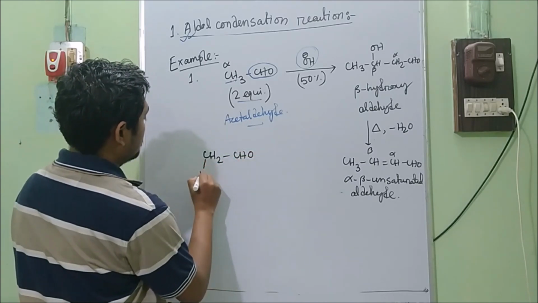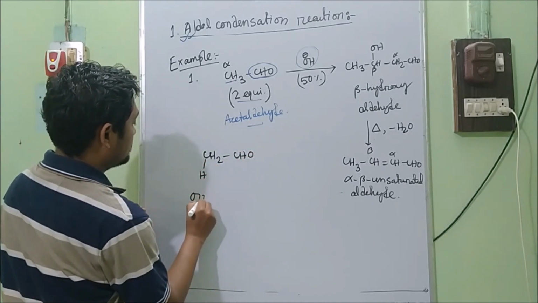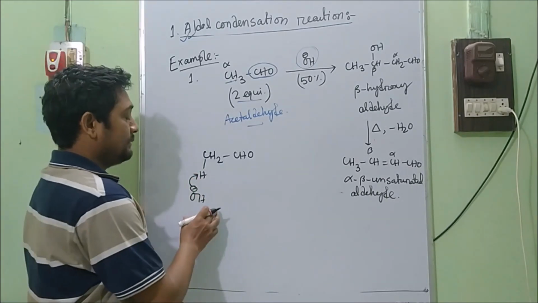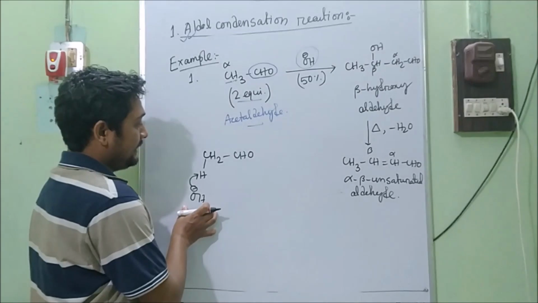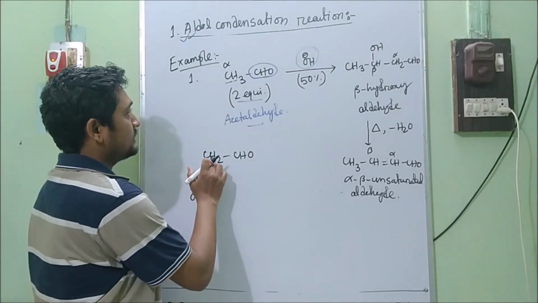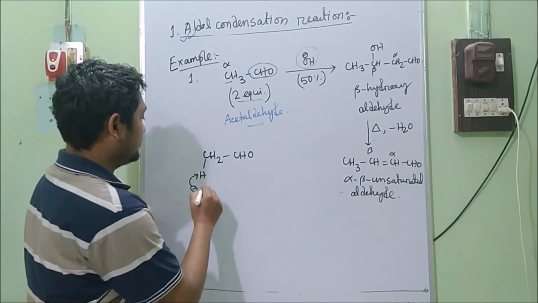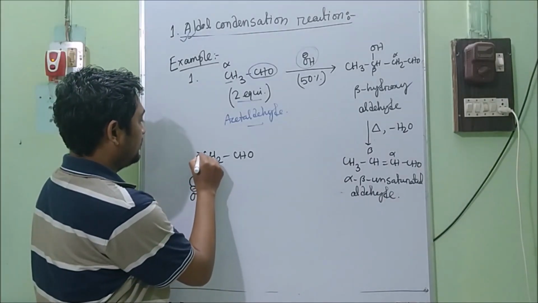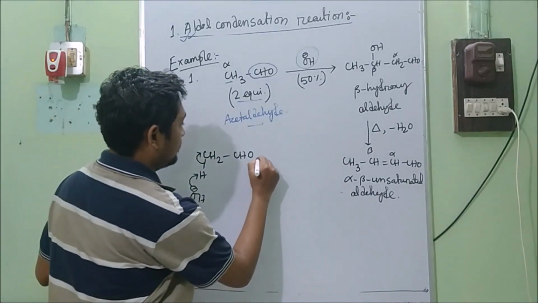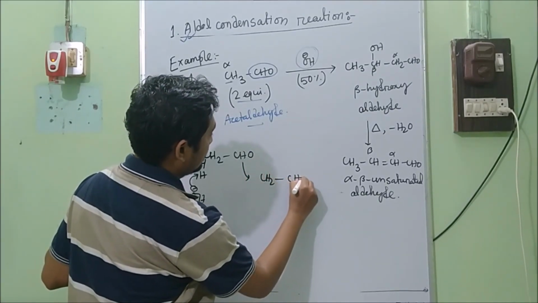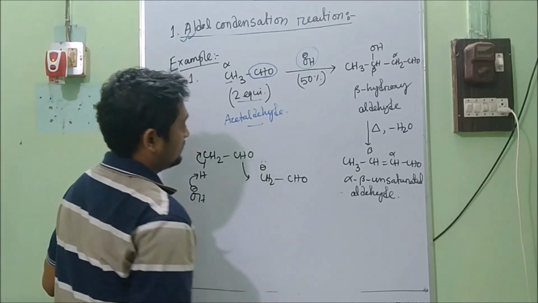CH2CHO hydrogen. So this hydrogen will be taken by this base. This is a base, so it needs acidic hydrogens, and acidic hydrogens are always alpha hydrogens because of the carbonyl group. So it will take this hydrogen and the electrons will be on this carbon. So we will get CH2CHO negatively charged.